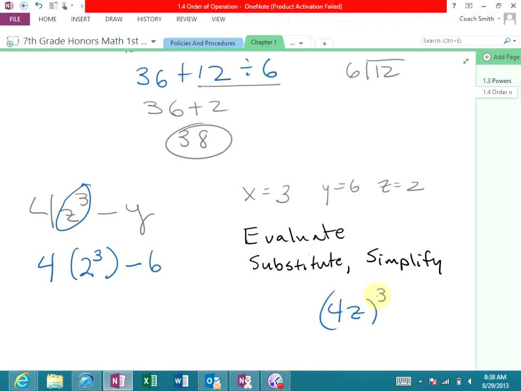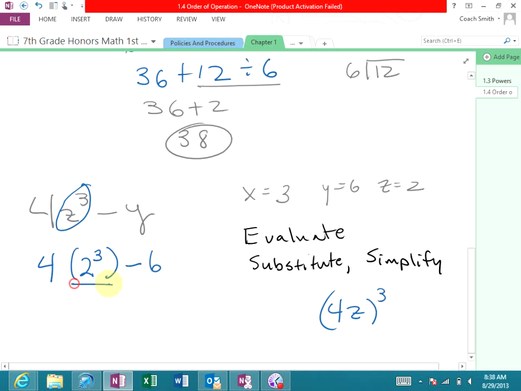Since it's not that way, it only applies to the letter or number it is right next to. Okay, so what do I do first in this problem then? Tristan? Parentheses. And what is inside the parentheses is an exponent. So I've got to do it first.